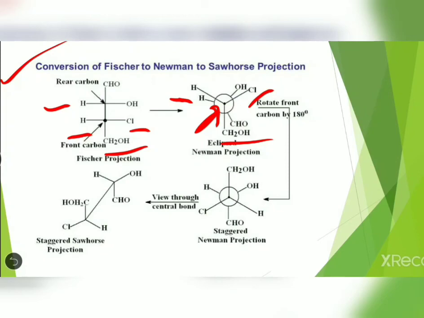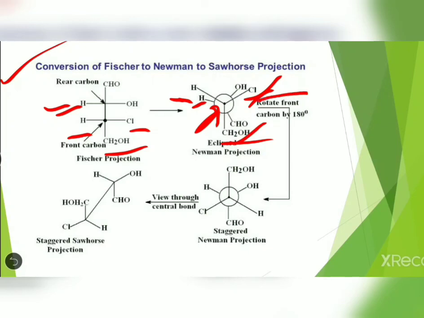In this, it is not rotated by 60 degrees or any other angle, hence it will be eclipsed. The hydrogen is represented here, OH bond and CHO.